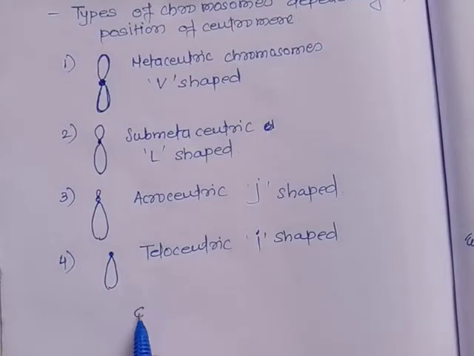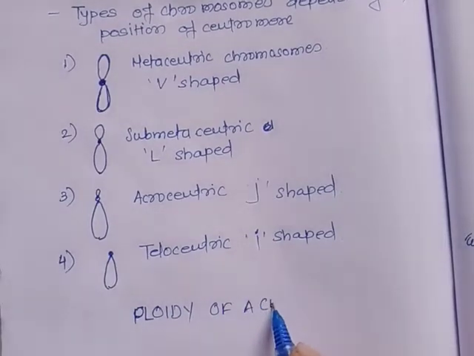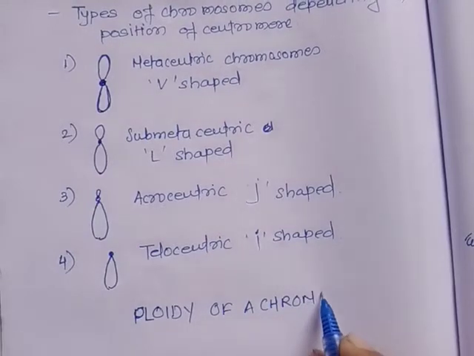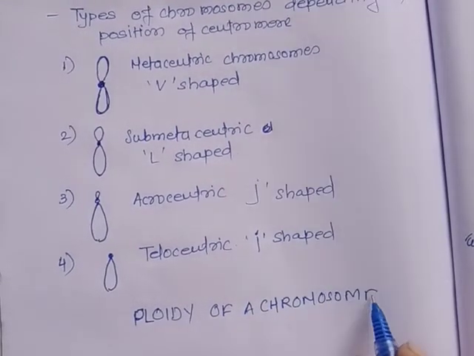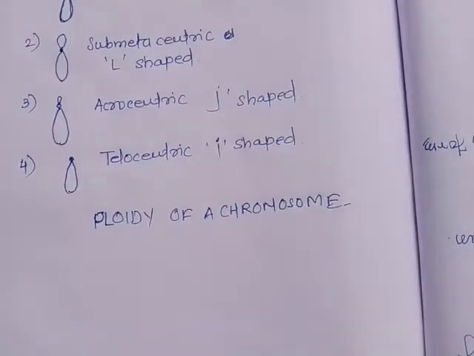So, genetic constitution or ploidy level of a chromosome varies from organism to organism. The number of chromosomes in a cell varies from species to species, or we can say the number of chromosomes is fixed for a particular species, and it is a defining characteristic of that species.